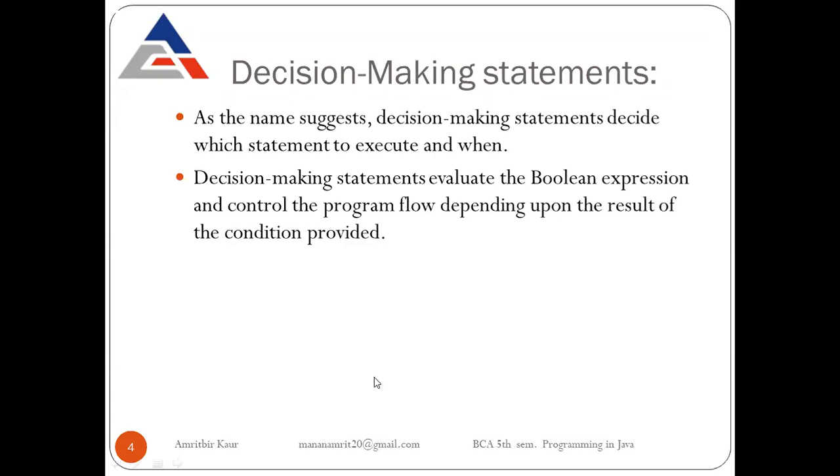So if a Boolean result is evaluated and it is true, then the block will be executed, otherwise it will be skipped. So now we will discuss decision making statements one by one.